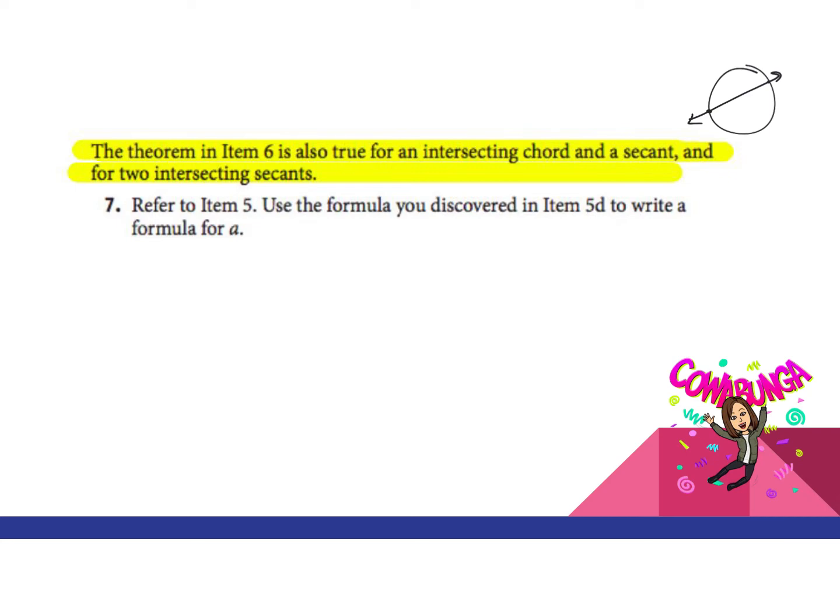Now, for number 7, it says refer to the formula we came up with in number 5. So we're going to look back on what we came up with in 5D. We came up with the following formula. We said x equals 1/2 a plus 1/2 b, or we could also say it's 1/2 times a plus b.